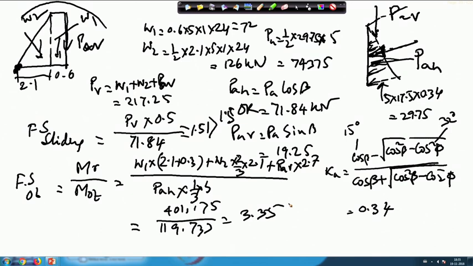So, this is the factor of safety. It is quite a good value, so it is also okay. Whether it is okay or not depends on the factor of safety desired, which will be given, and one can decide what value is actually required. If it is not okay, obviously you have to change the dimensions and redesign.